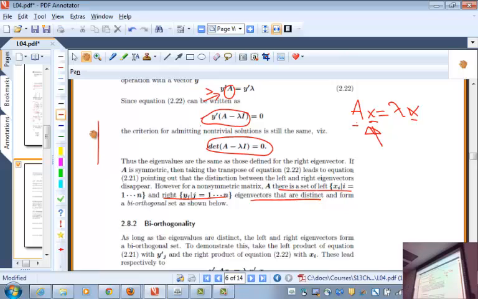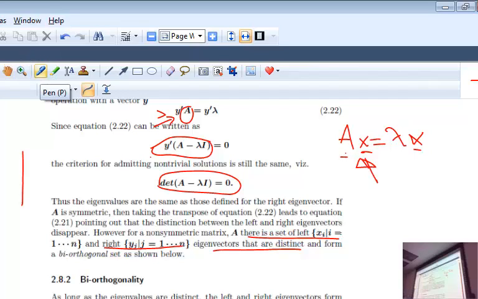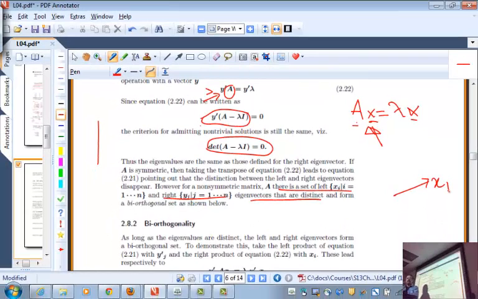So what it means, we have to look at geometrically. Suppose I have two vectors, x1, that's an eigenvector, and I have a 2 by 2 problem. So this is another eigenvector, x2. I deliberately drew it such that they are not orthogonal. If the matrix A is not symmetric, x1 and x2 will be linearly independent, but they are not required to be orthogonal.